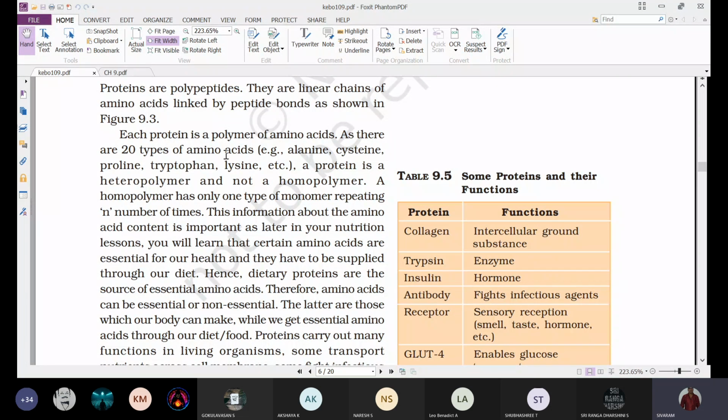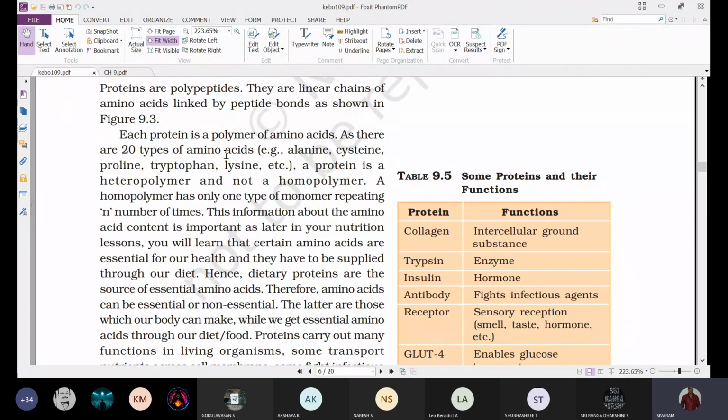So as it consists of two or more types of amino acids, the protein molecule is described as a heteropolymer and not a homopolymer. That means it is not made up of only one type of amino acid. That's why we call the protein molecule a heteropolymer.